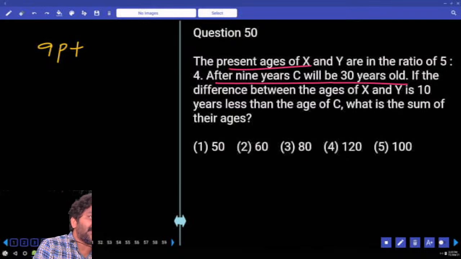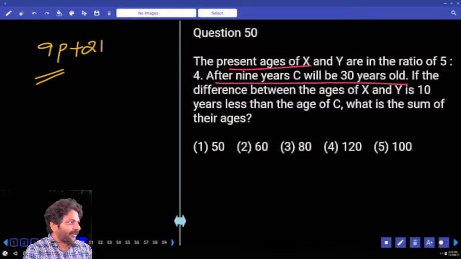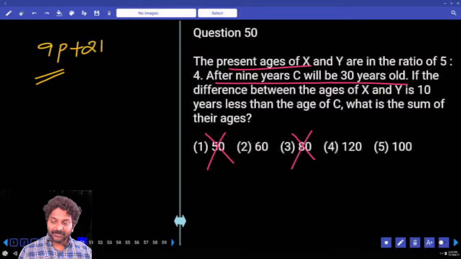9 years later, C will be 30 years. Then at present, what is the age of C? 21. So now, wait a minute. 9 parts. For now, can I treat it as a 3 multiple? Plus 21. 21 is also a 3 multiple. Answer must be first one, second, third, fourth, fifth.